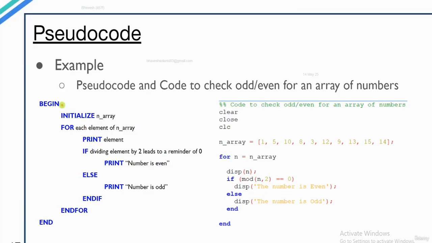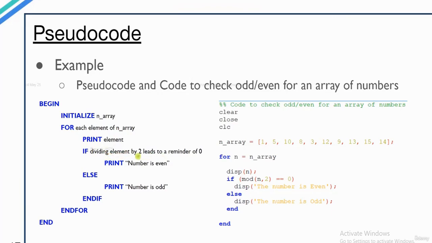Any pseudocode starts with the begin keyword and ends with the end keyword. We first initialize an array called an array. Initializing basically means creating an array. So we need to create this array before we proceed into the code. Then for each element inside an array, we print the element for reference and check if the element is divisible by 2.